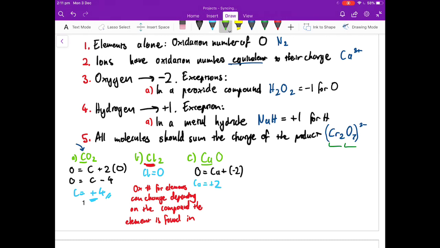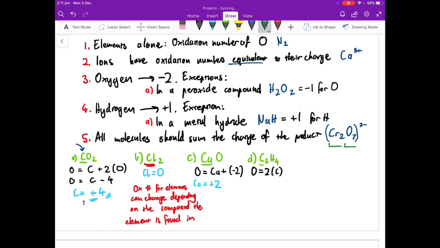Now moving on to example D, let's do C2H4. So according to rule 5, once again, it's going to have a total of 0 as its oxidation number. Now we have 2 times carbon, and we're going to try and find out carbon because that's the one we don't know.